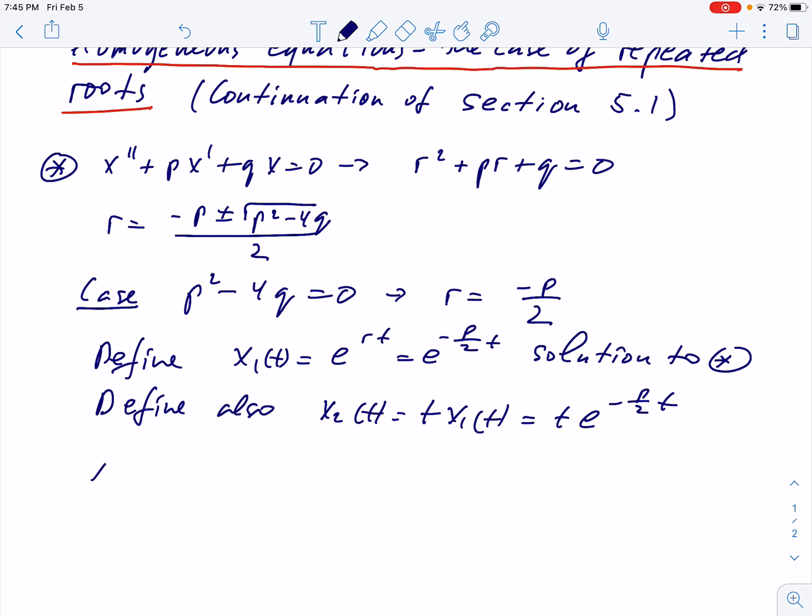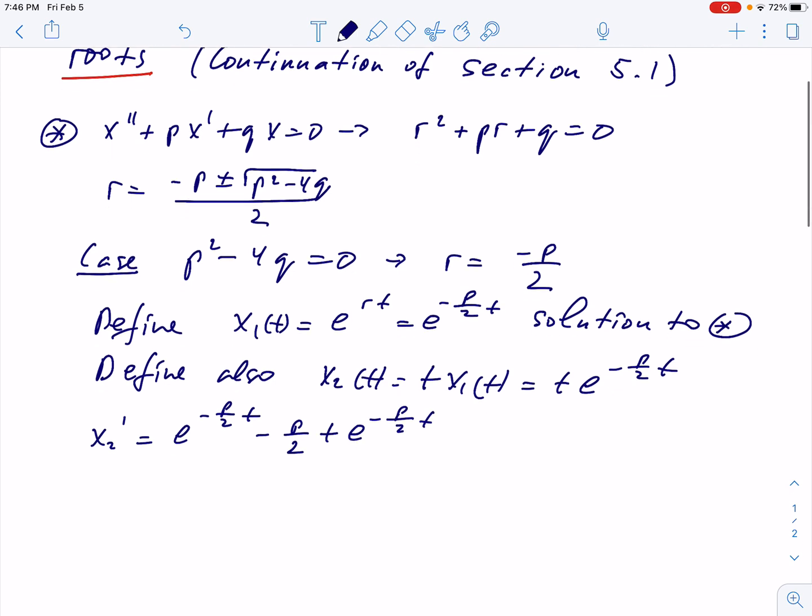So I want to form x2, x2 prime, x2 second, and put in the equation. x2 prime using the product rule will be exponential minus p over 2t, and here keep t, differentiate exponential, minus p over 2 will come in front. t stays, exponential minus p over 2t.